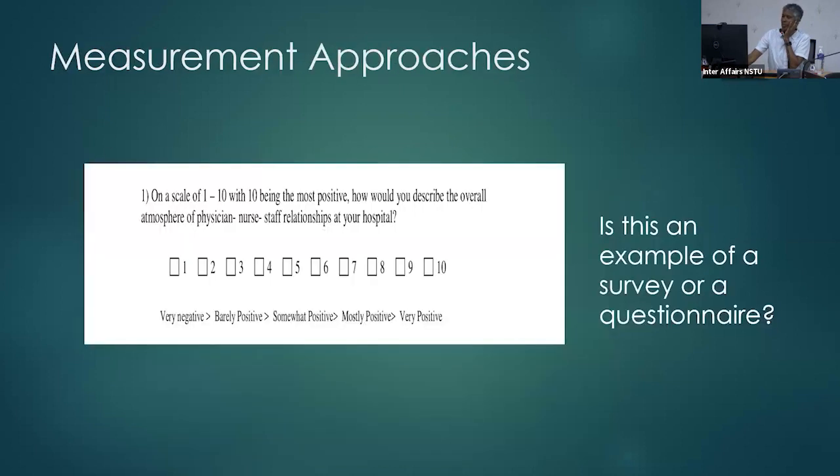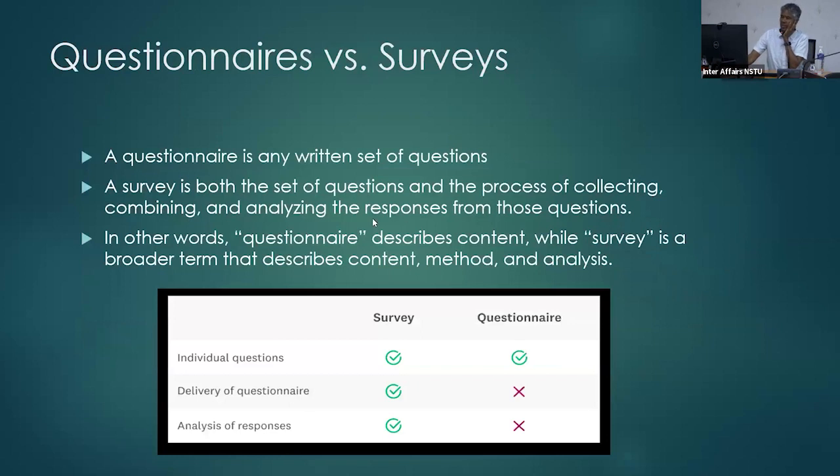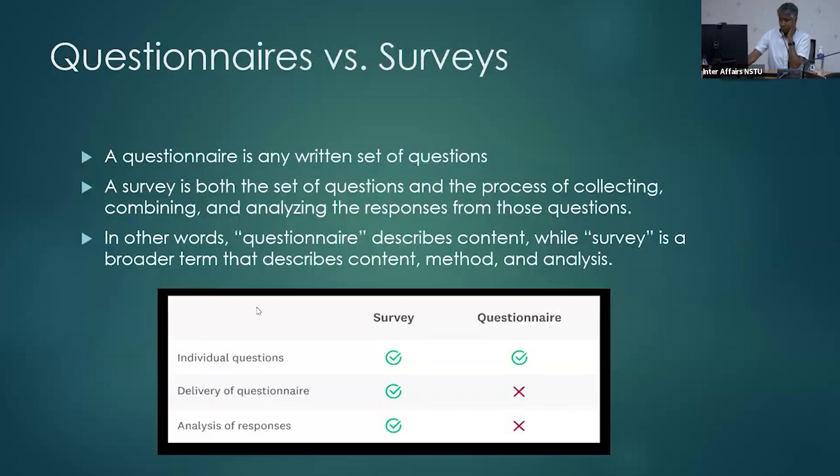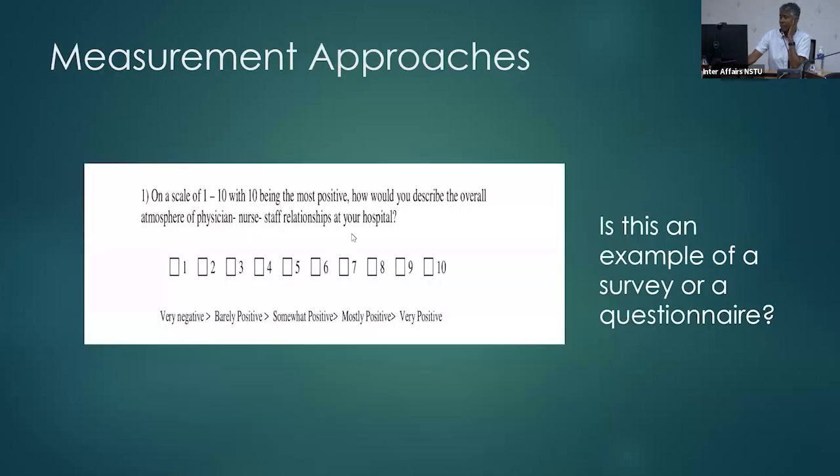Right? So a questionnaire is any written set of questions. A survey is both the question and the way of measuring that question, both together. So this first part is a question, and the second part is a questionnaire.